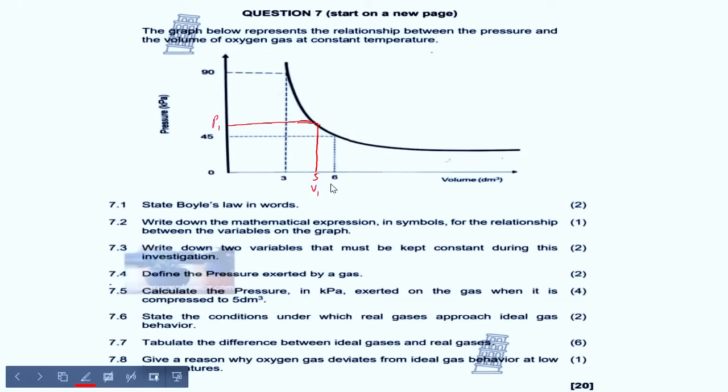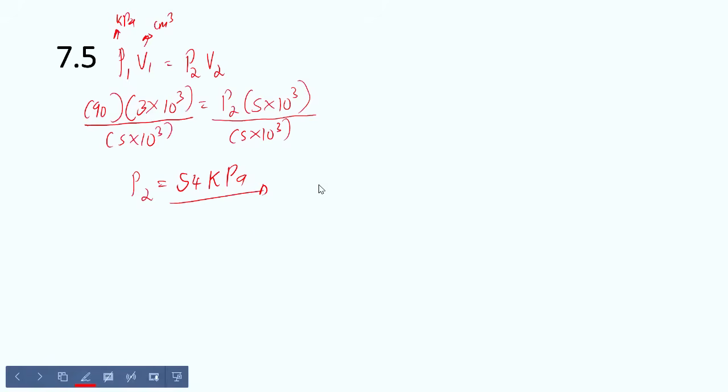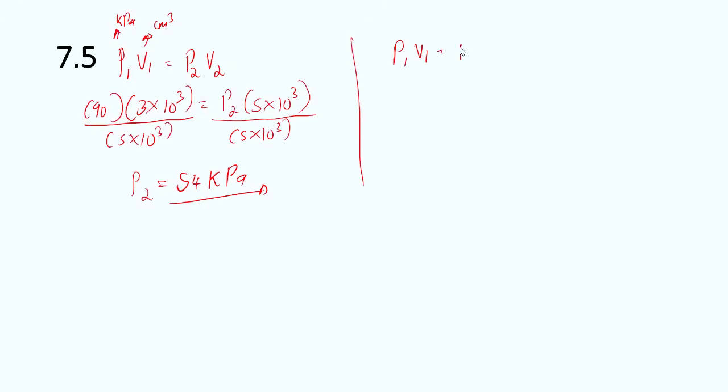But now you'd have the V2 here, and it corresponds to the P2, right? So now they're saying calculate the pressure in kPa exerted on the gas when it is compressed to 5 dm cube, right? Or either way, even if you say this is V1, V2, it still doesn't change anything. So we're going to have P1V1 equals P2V2, right?